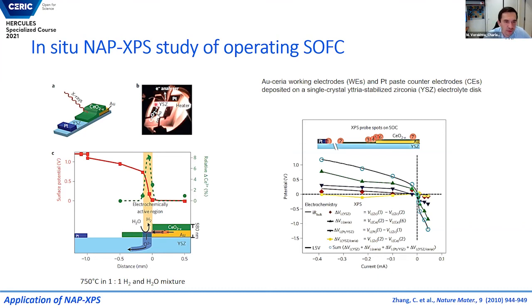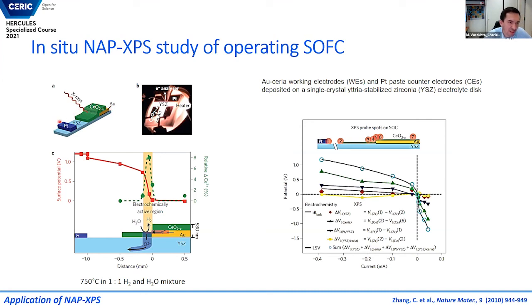Here it's cerium oxide, and then one electrode is just pure platinum. This is the schematic of this construction, and you see that you can simply approach with the nozzle and measure at different points. There is also, of course, a counter electrode, which simply collects the electrons which are created in the catalytic layers.